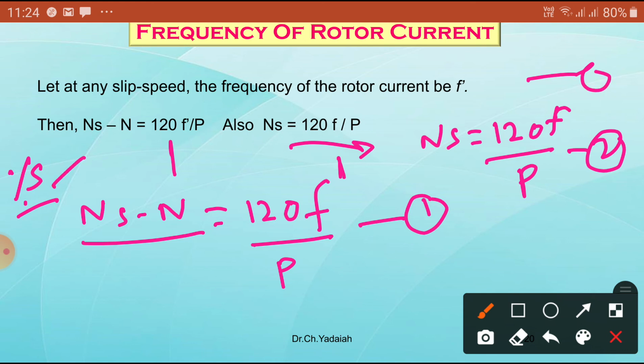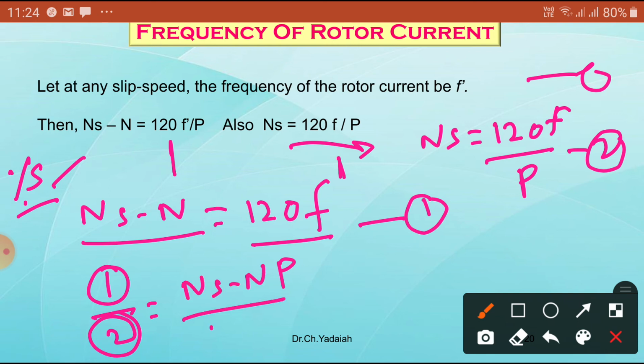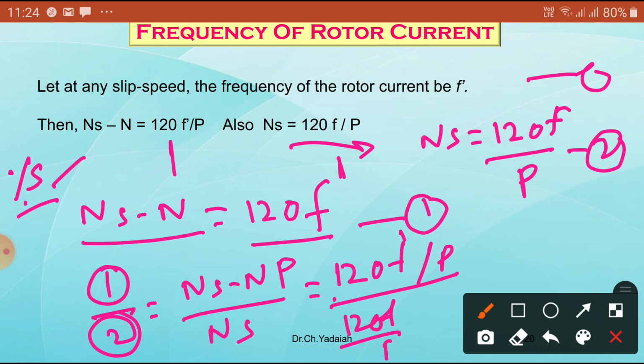Now divide equation 1 by equation 2. Here (Ns minus N) by Ns gives the slip, which is equal to (120 F dash by P) divided by (120 F by P). The 120 and P get cancelled.